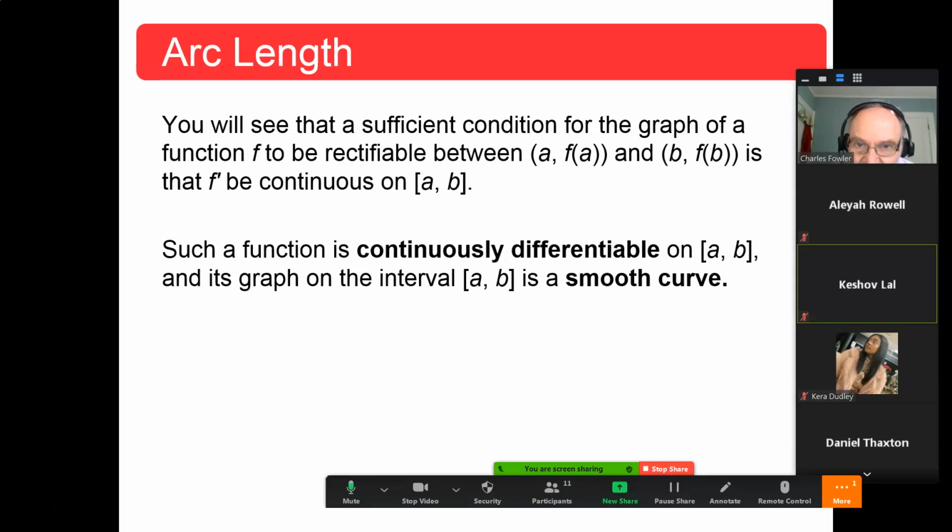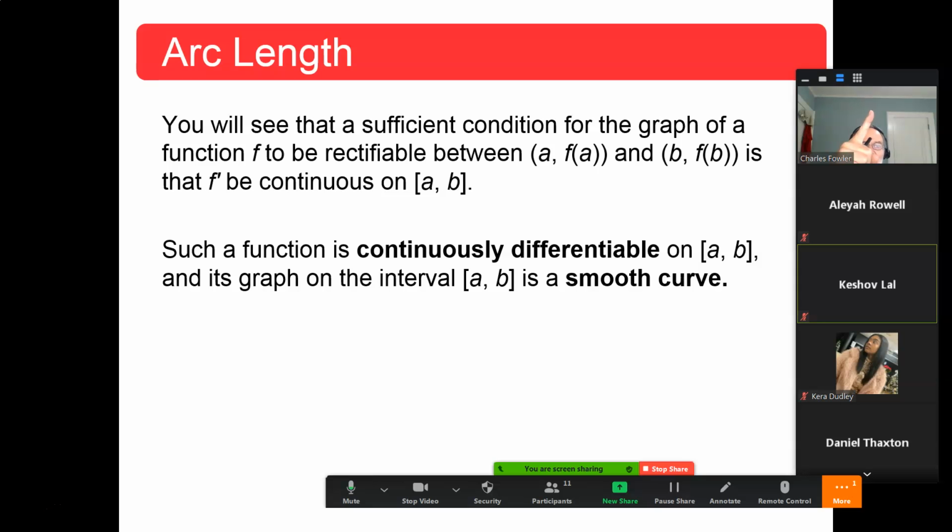You'll see that a sufficient condition for the graph of a function f between (a, f(a)) and (b, f(b)) to be rectifiable is that f prime be continuous on that interval from a to b. Now what that means, you can't have any cusps, you have to have a nice integrable function, a continuous first derivative on that curve.